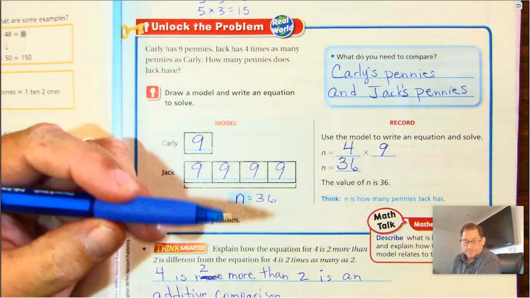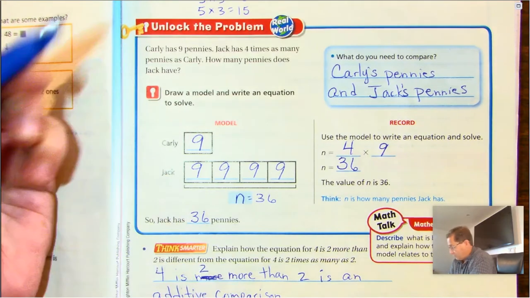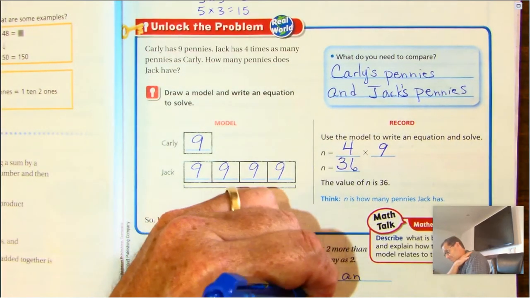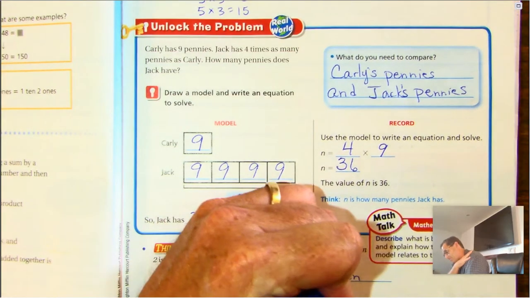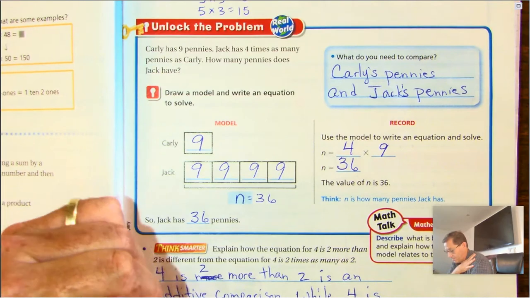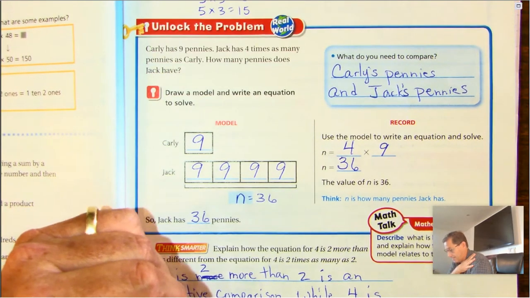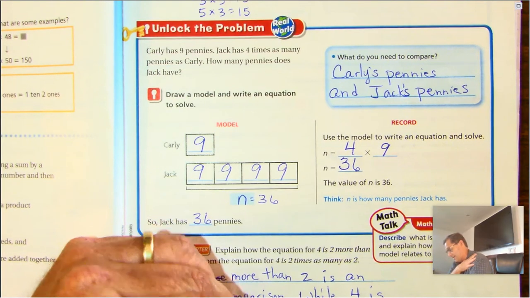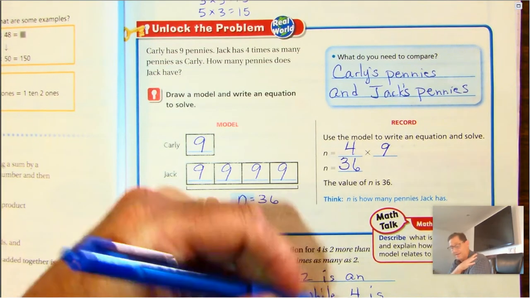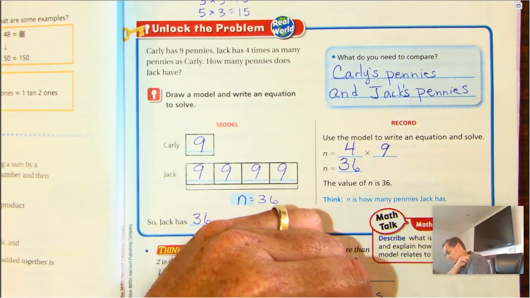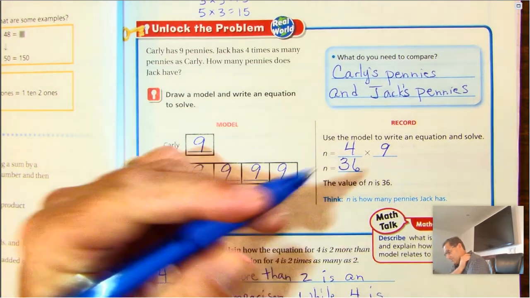While 4 is 2 times as many as 2 is multiplicative, or a multiplication problem.